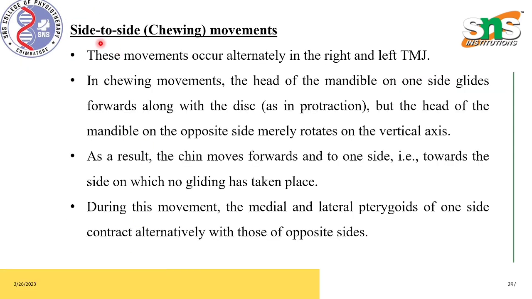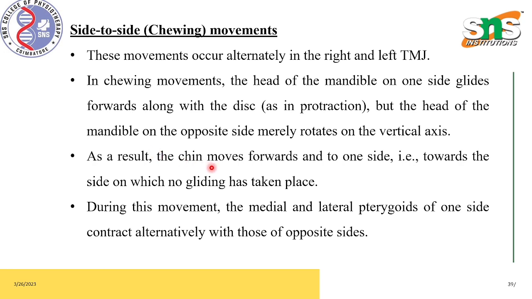Next movement is your side to side or chewing movements. These movements occur alternately in the right and left temporomandibular joint. In chewing movements, the head of the mandible on one side glides forwards along with the disc, but the head of the mandible on the opposite side merely rotates on the vertical axis.